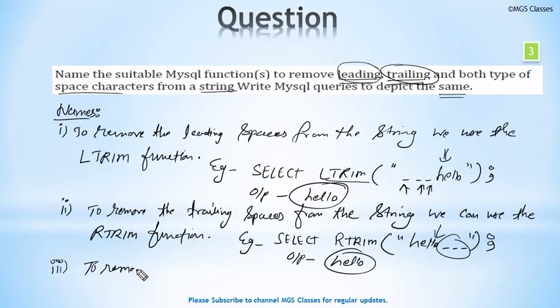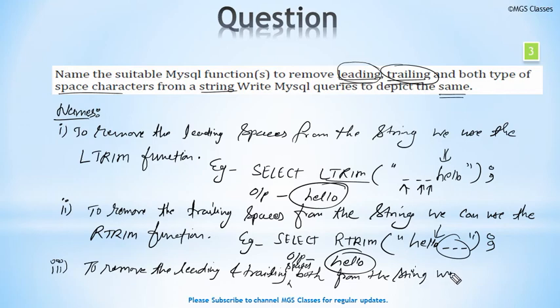To remove both the leading and trailing spaces from the string, we can use the function TRIM. The simple TRIM function will remove both the leading and trailing spaces.